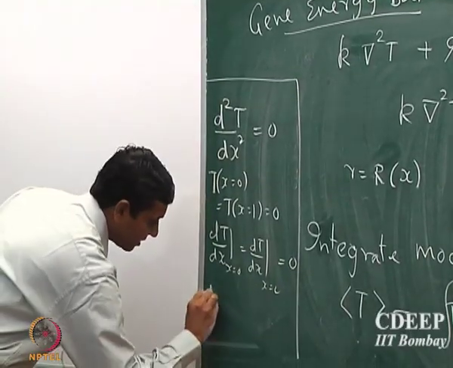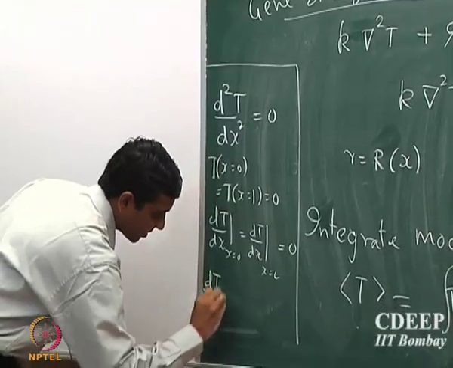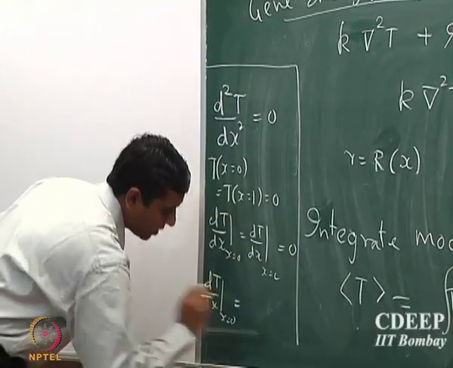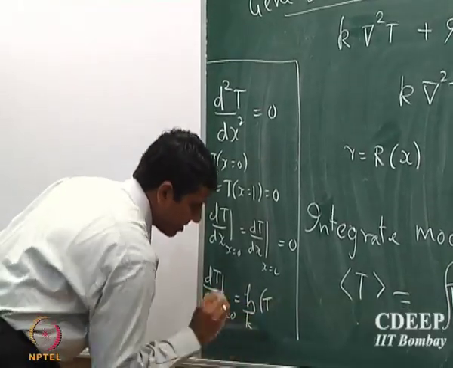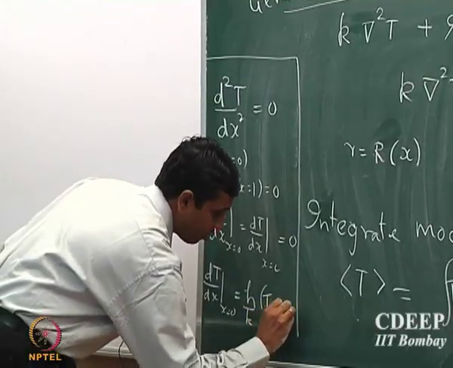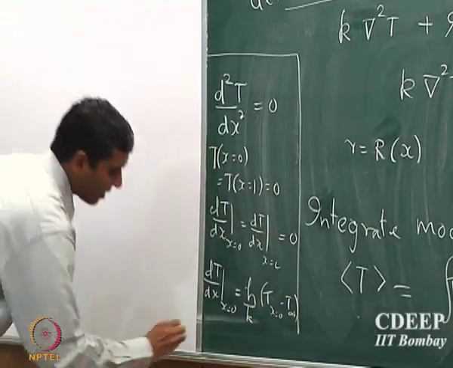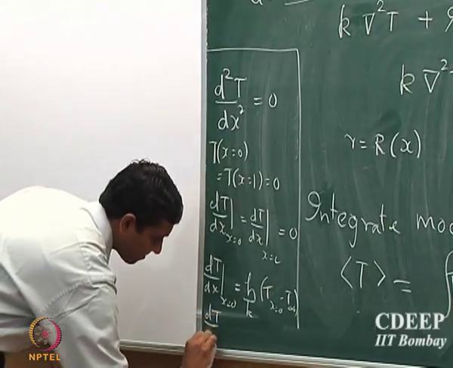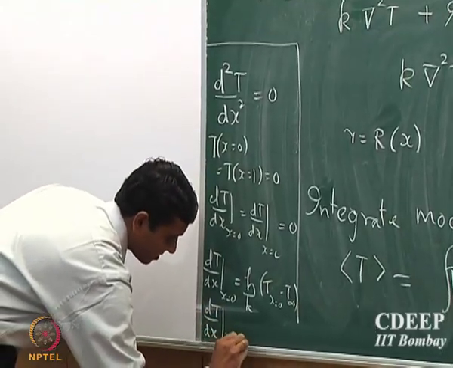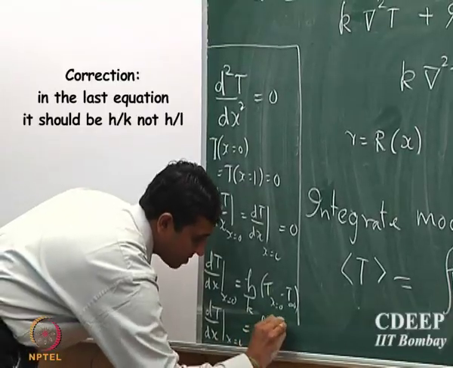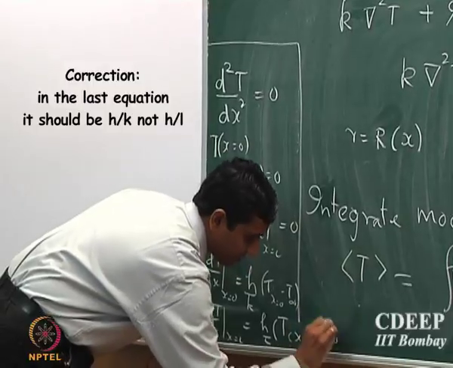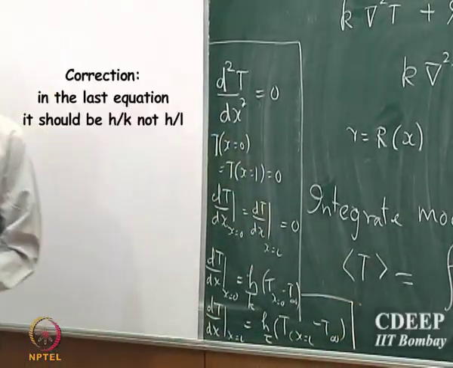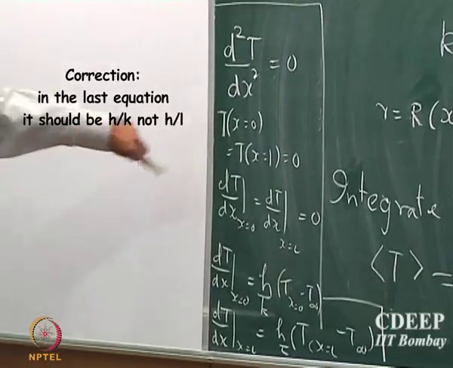And the third one is dT by dx at x equal to 0 equal to h by k into T at x equal to 0 minus T infinity, and dT by dx at x equal to L equal to minus h by k into T at x equal to L minus T infinity. That's the third problem. One could in principle have mixed boundary conditions.